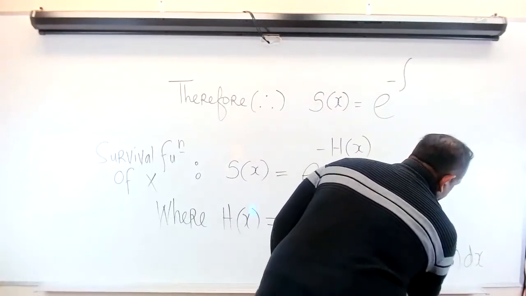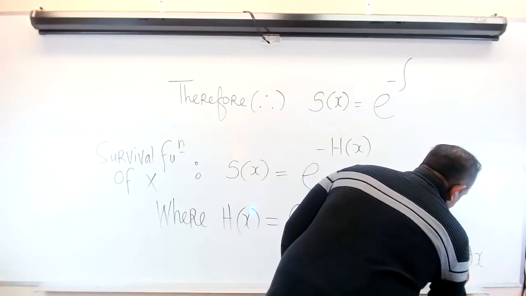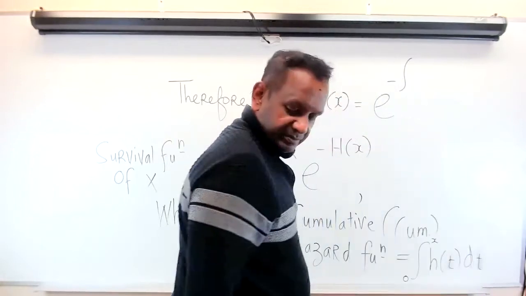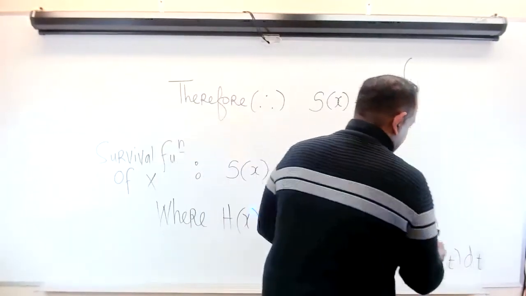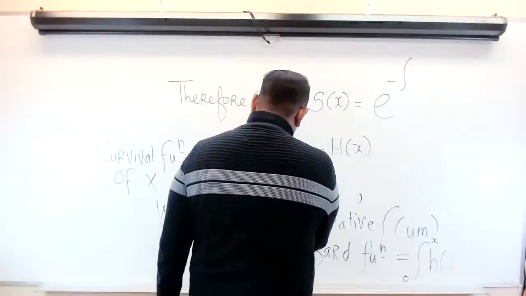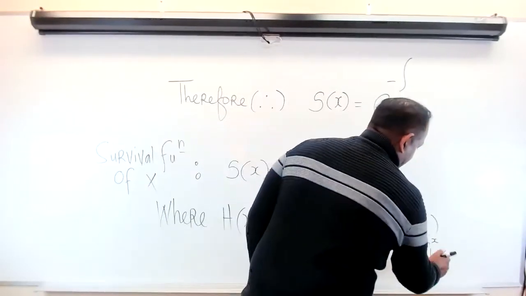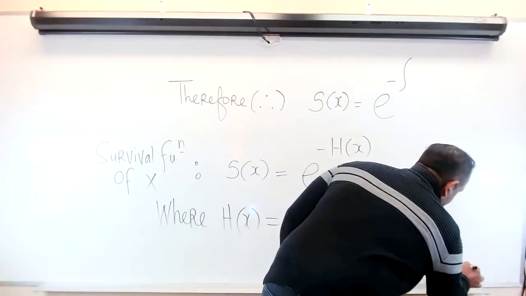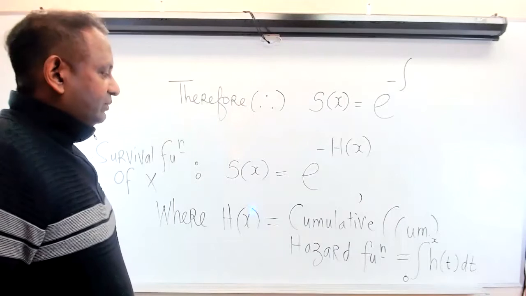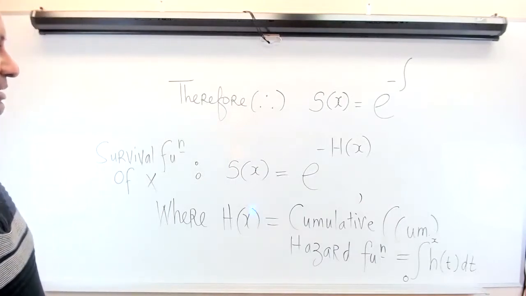I can put a dummy variable t, to make it clear, because it's a function of x up to that point. So your limits go from 0 to x, h(t) dt.